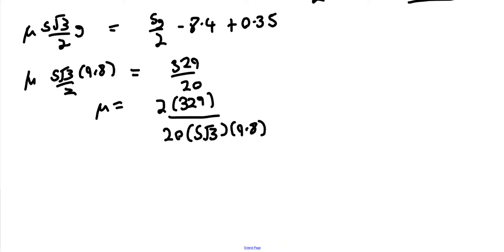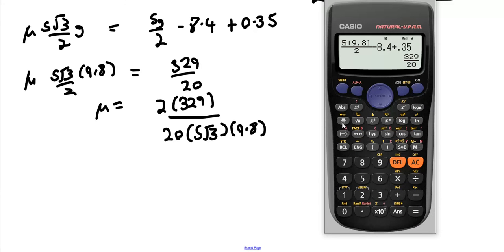And that is a crazy number, but we'll work with it. 2 times 329 divided by 20. I'm hoping it comes out as a third, otherwise I have a lot of work to do. 5 root 3 multiplied by 9.8. Once again, whoever created this question is absolutely crazy. Now that doesn't come out as a third at all, so it means I'm in trouble.